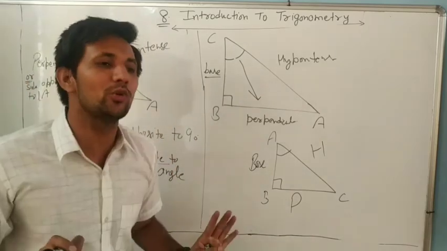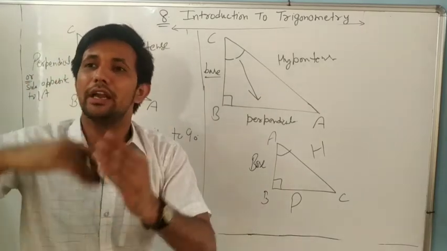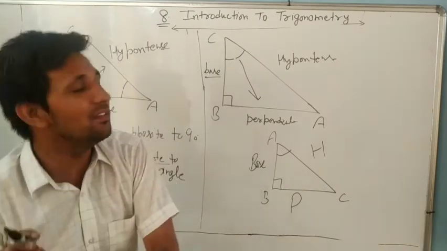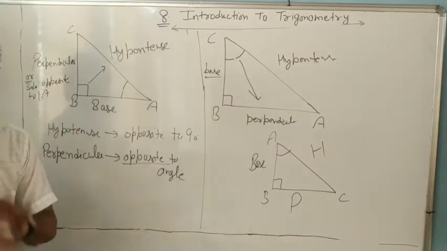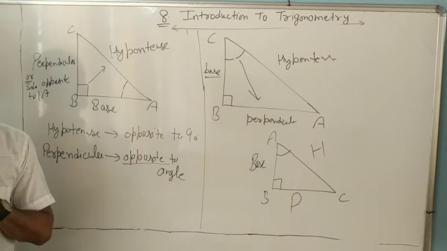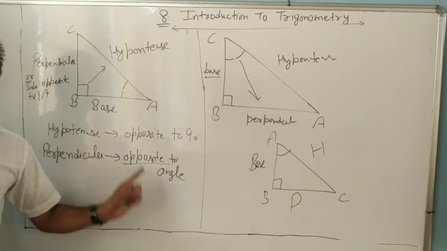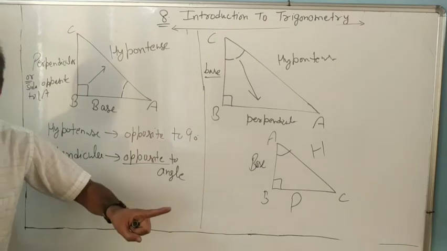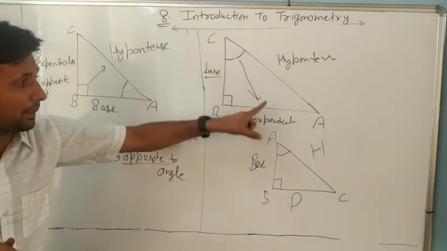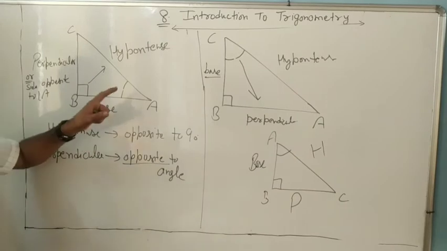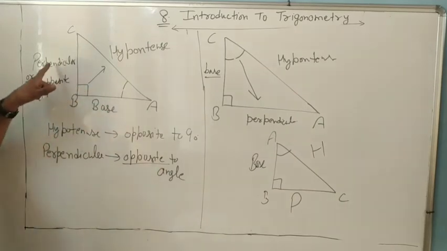But no need to be confused with side opposite or side adjacent. Always remember perpendicular, base and hypotenuse, and perpendicular is always opposite to the angle. Which angle are we taking? If we take angle C, then perpendicular is AB. If the angle is A, then perpendicular is BC.